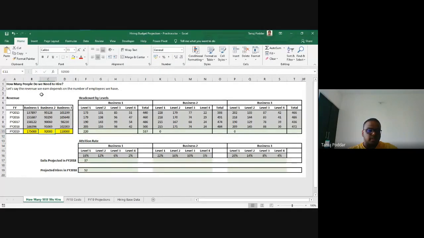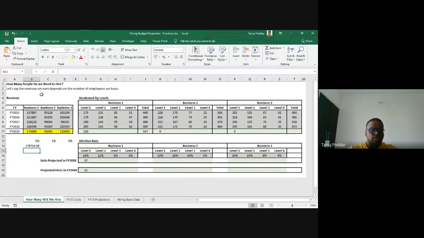That is what I mean when I say this is a projection, and there is a linkage between the revenue and the total headcount. I've given this as an input, but generally when businesses talk about it, they think of it in terms of percentage increases, like 5%, 3%, 8%. On the FY18 revenue, I could say I'm going to increase it by 5%.